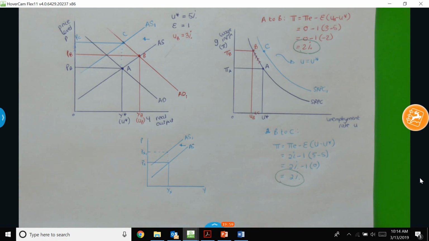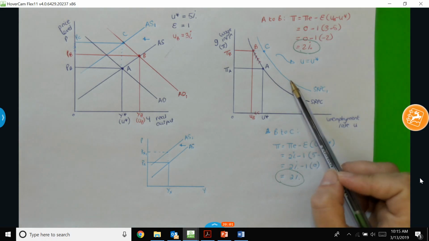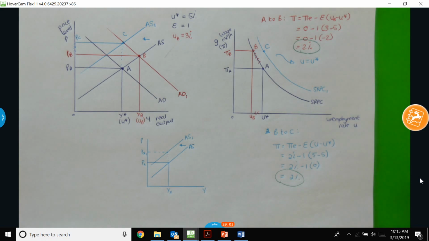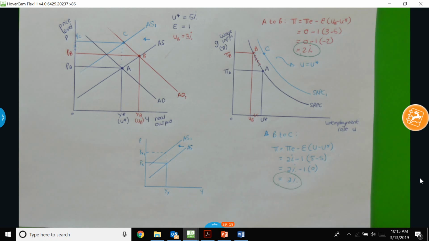So essentially then, shifts in the short-run Phillips curve can be explained by including a measure of inflationary expectations and recognizing that people adapt to the changing inflation rates that they may encounter in the economy.